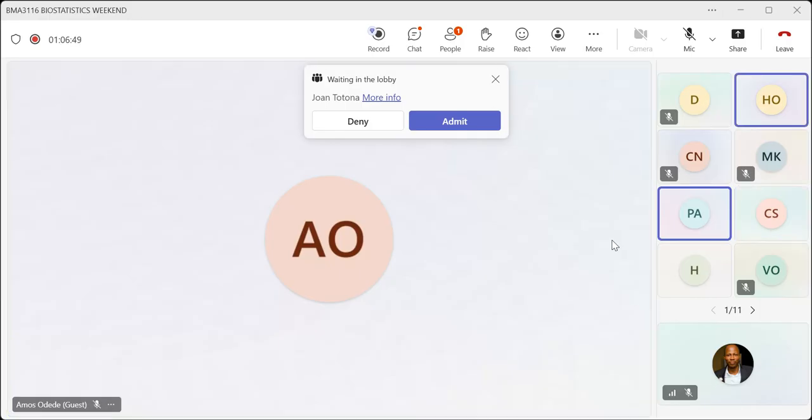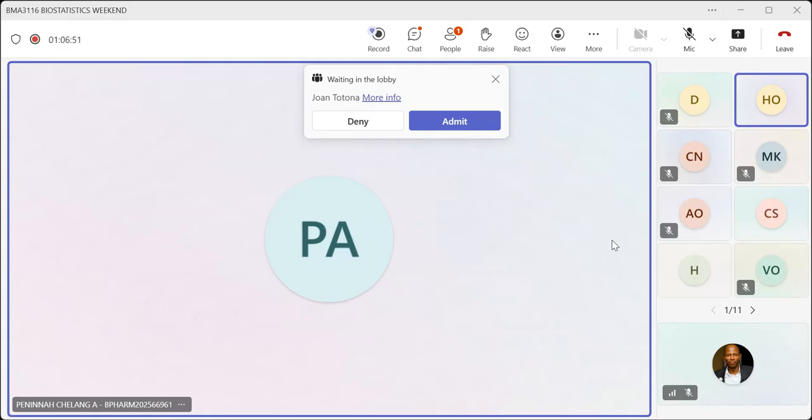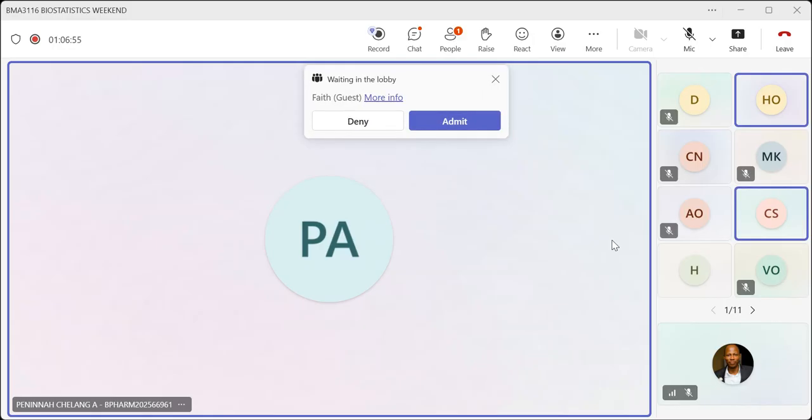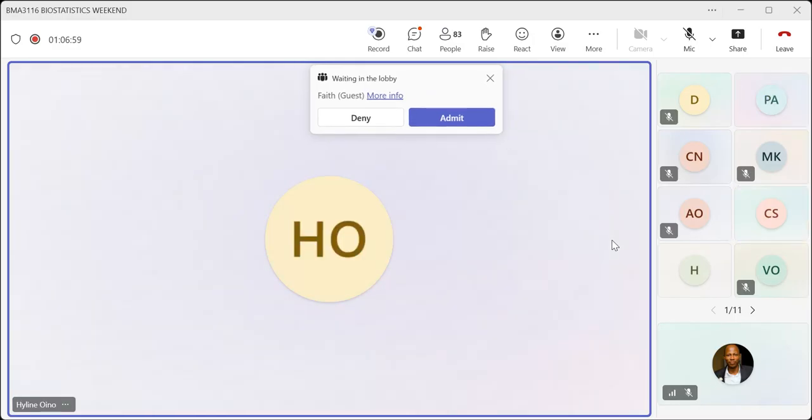Excuse me, Daktari, can't you bring the data back? Oh, nimetoka kwa screen.